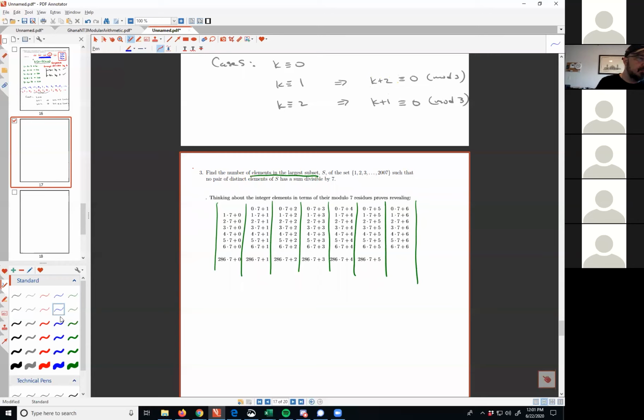You divide by 7. Divide what by 7? The number of elements in the subset. What does that give us? What would that tell us?